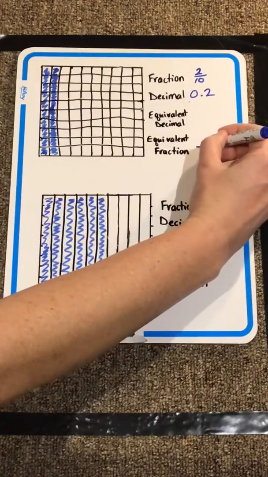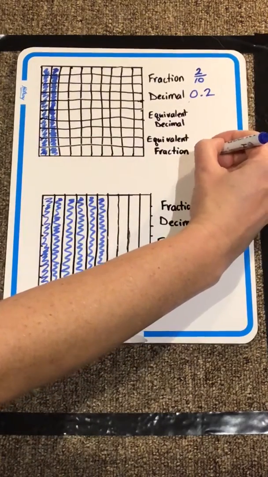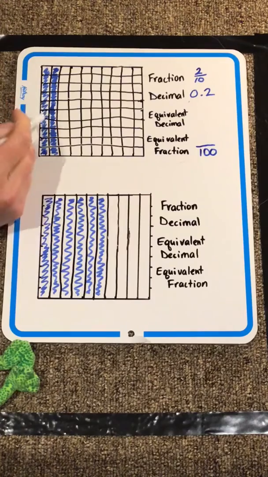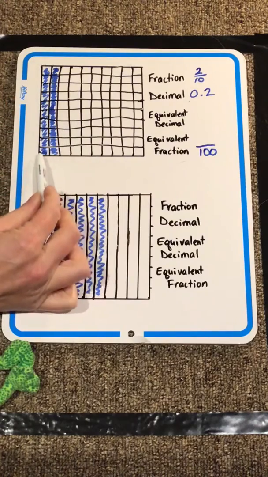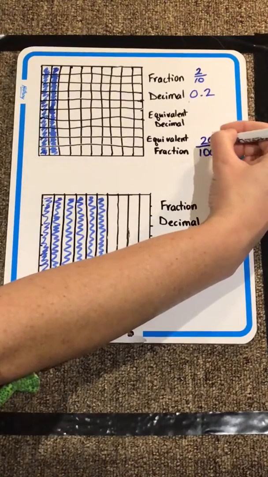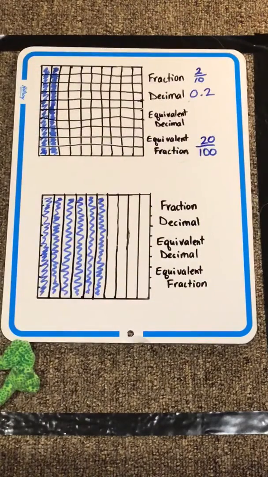So for our equivalent fraction, we're going to have 100 as the denominator. And instead of 2, now we can count by tens, 10, 20. So my equivalent fraction is going to be 20 100ths.